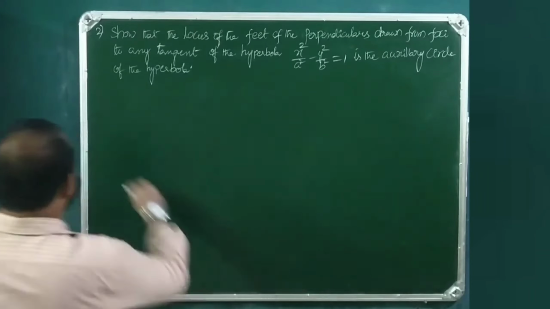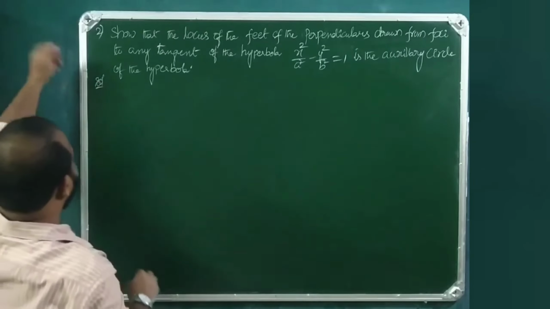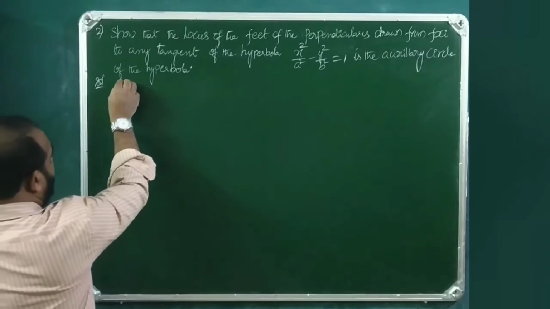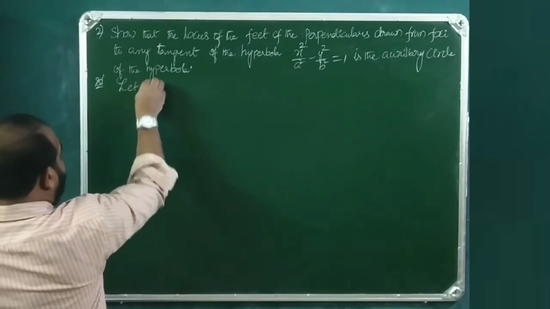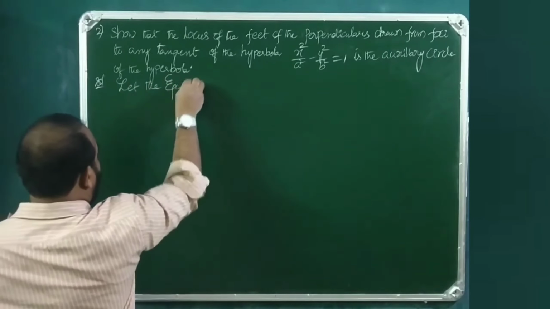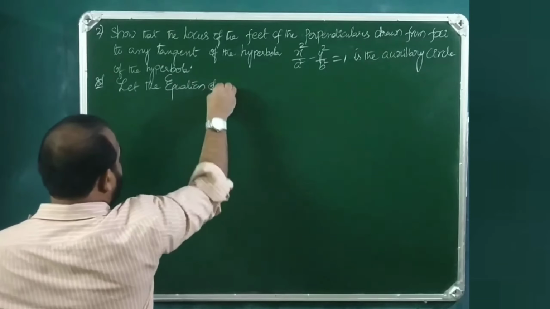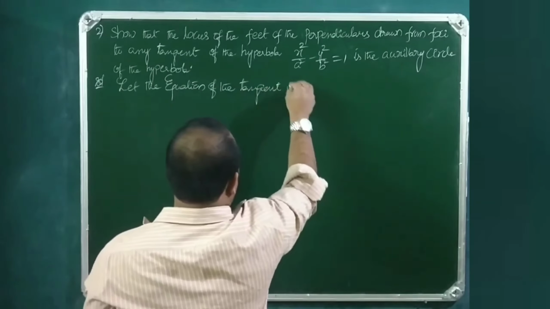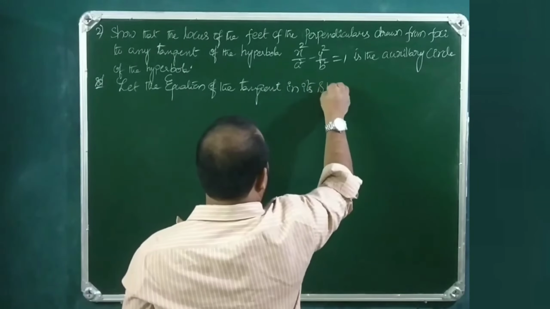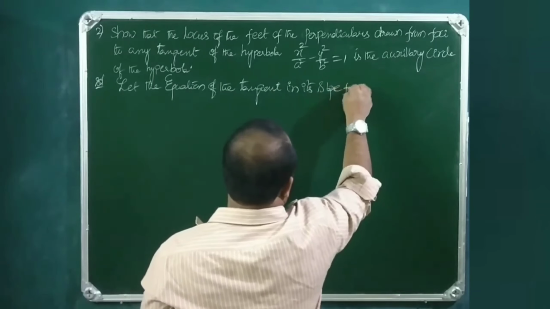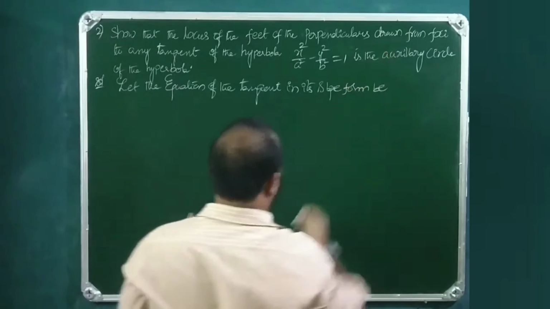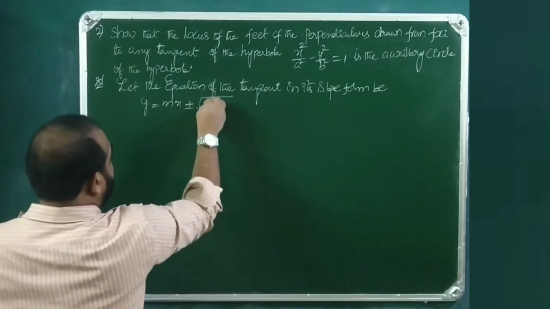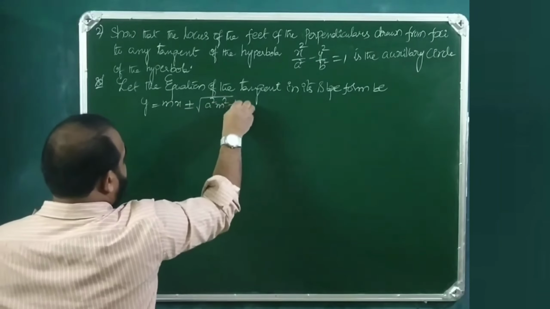Now, let us take the slope form of the tangent. Let the equation of the tangent in its slope form be y = mx ± √(a²m² − b²).